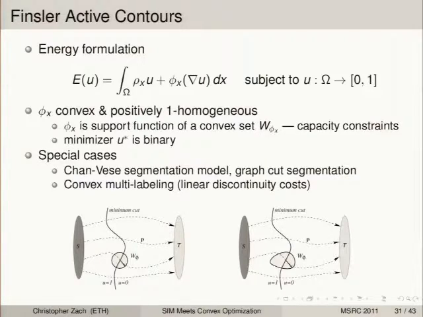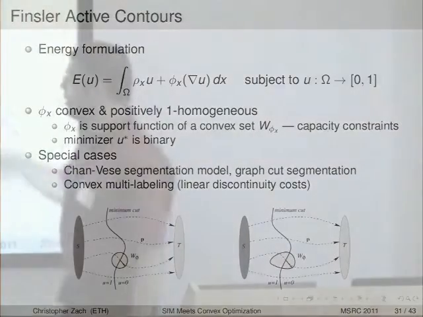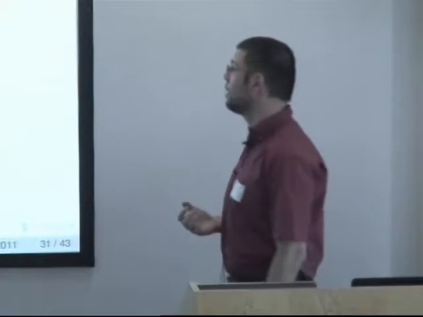One result I'm going to explain here is, I guess you know the standard graph cut formulation for doing binary segmentation, where we have a regional bias term here and some smoothness term based on the gradient there.